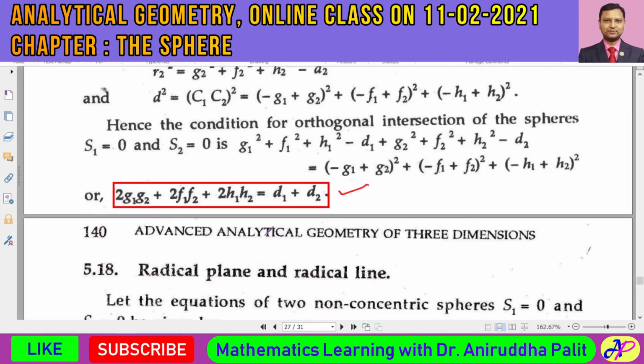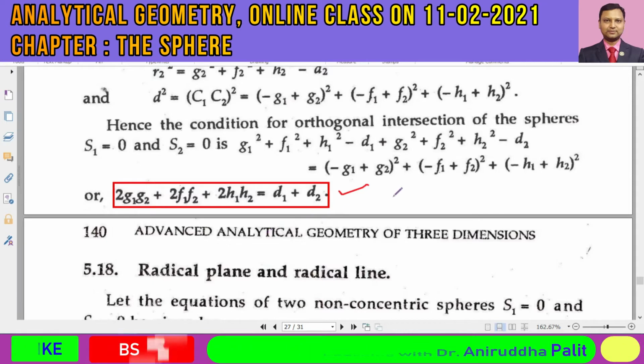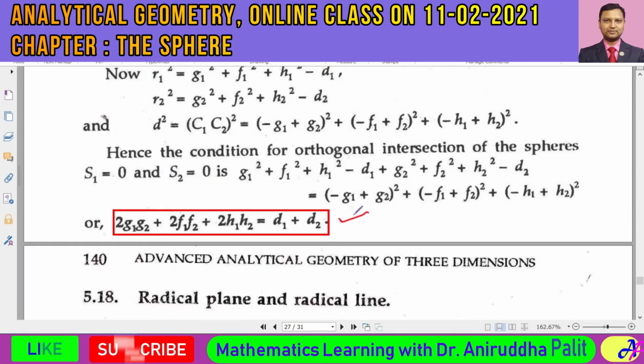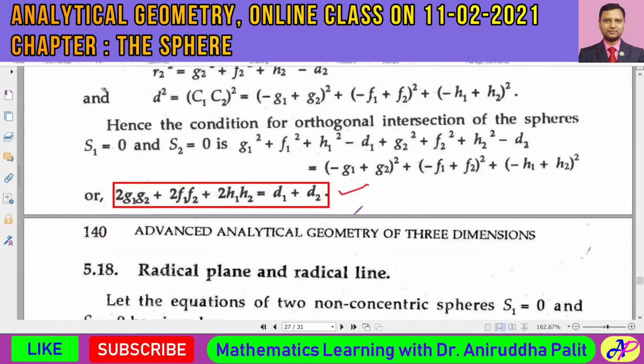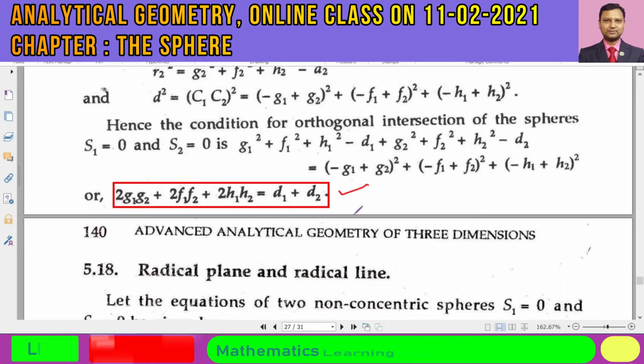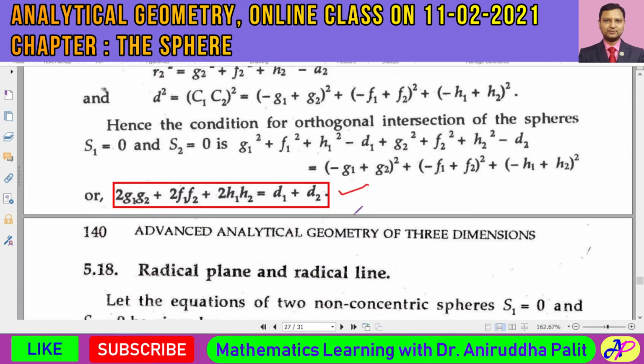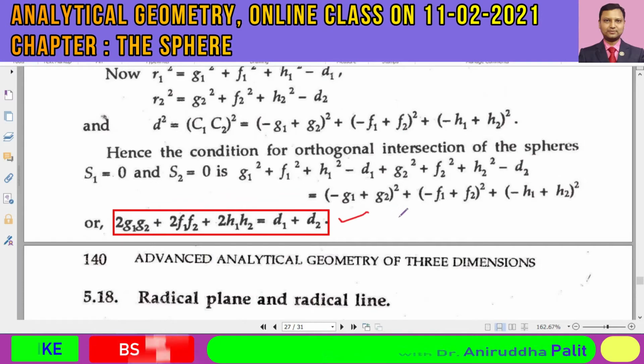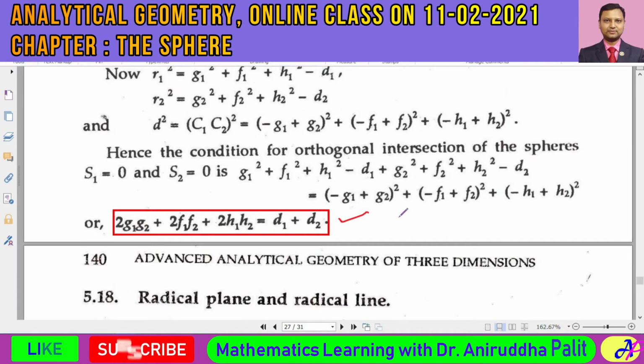This is the condition under which the spheres S1 = 0 and S2 = 0 will cut each other orthogonally.